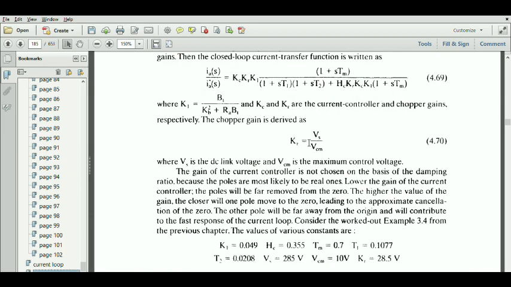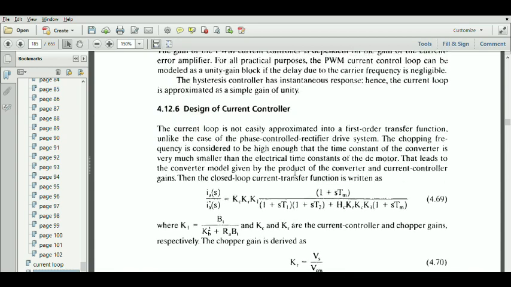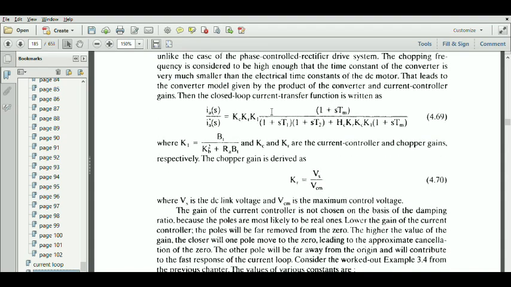That is why KR is equal to Vs by VCM. This we found during the PWM current controller design. So this is the modeling of the current controller.